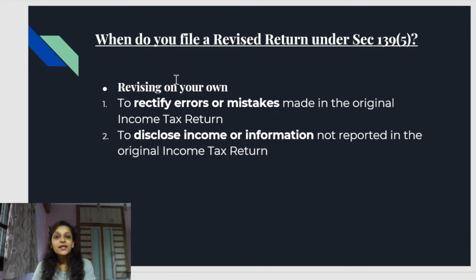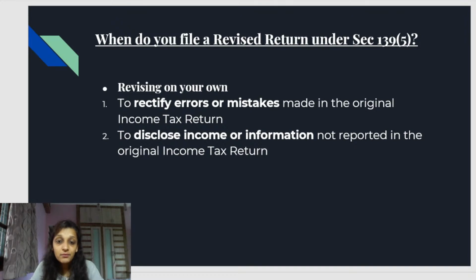If you have not disclosed any income or information in the original income tax return, then you need to revise your ITR. Section 139(5) allows taxpayers to file a revised income tax return if they have made mistakes in the returns filed earlier.